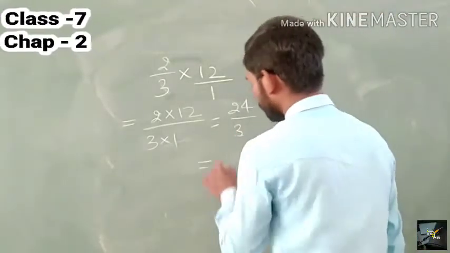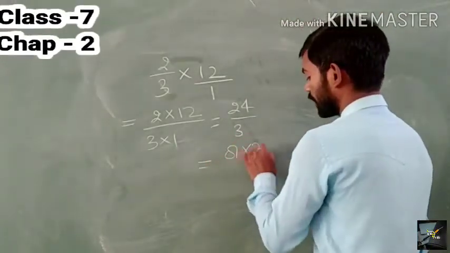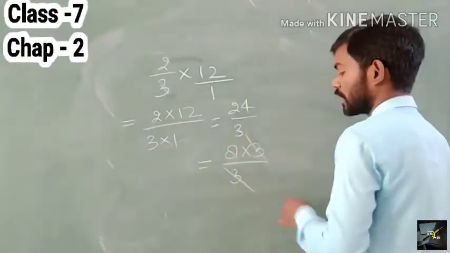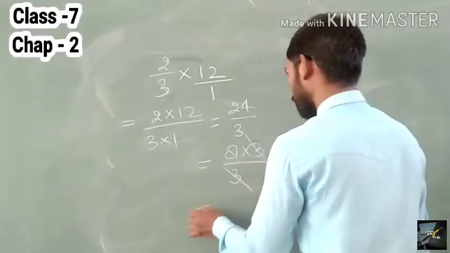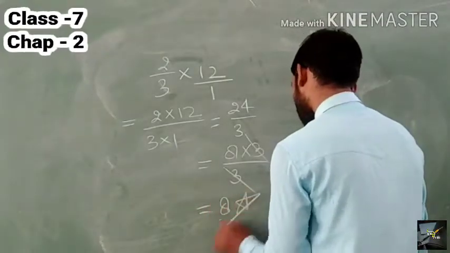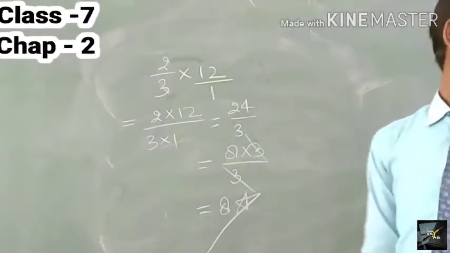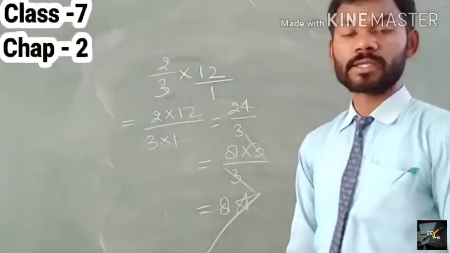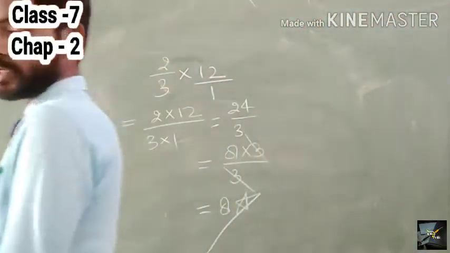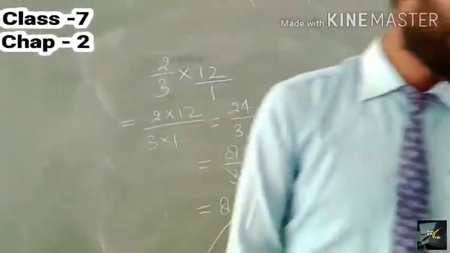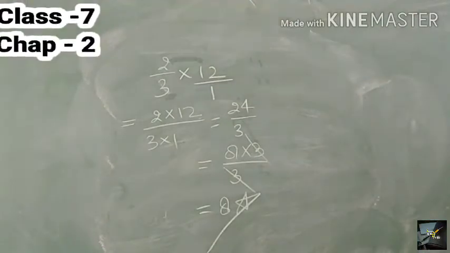Therefore, 24 can be written as 8 multiplied by 3 and 3 will remain as it is. So 3 and 3 cancel out and we get the result as 8. Therefore, 8 is the right answer. Okay students, I hope it is clear. Now let us see the next question.